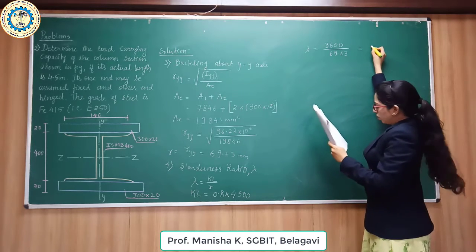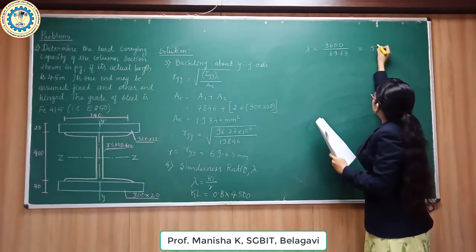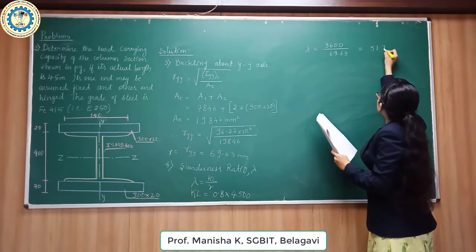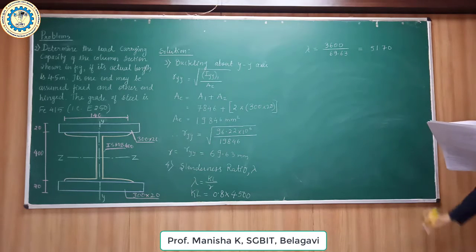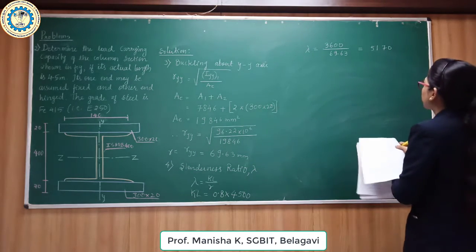After substituting this into lambda's formula, you will get the lambda value as 51.70. Now this lambda you have to refer for the calculation of f of CD.